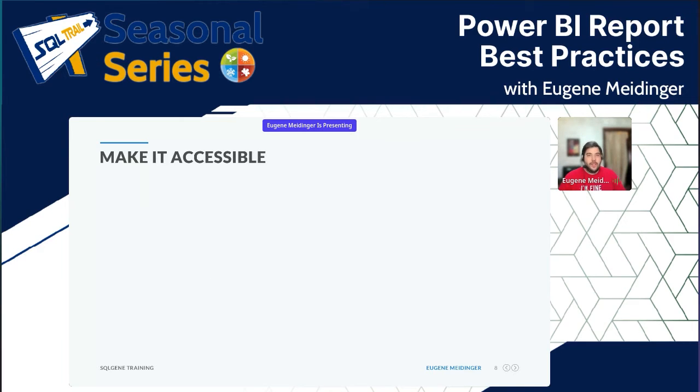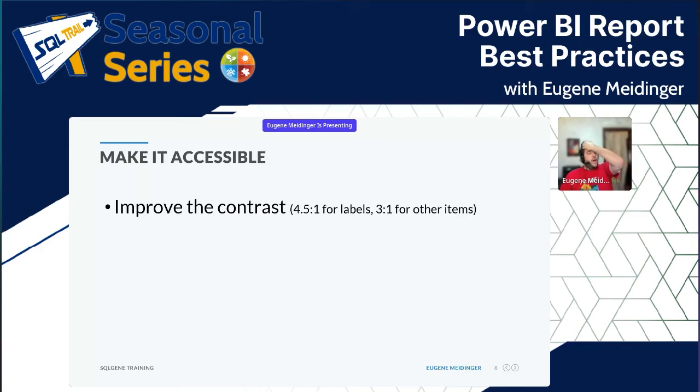Another thing to consider is making it accessible. And so, like I said, improve the contrast. And so these ratios come from, I think it's the Web something accessibility guidelines. The acronym's WCAG, Web Content Accessibility Guidelines, I believe. But there are guidelines out there for making web-based content, and technically Power BI in a lot of cases is web-based content.